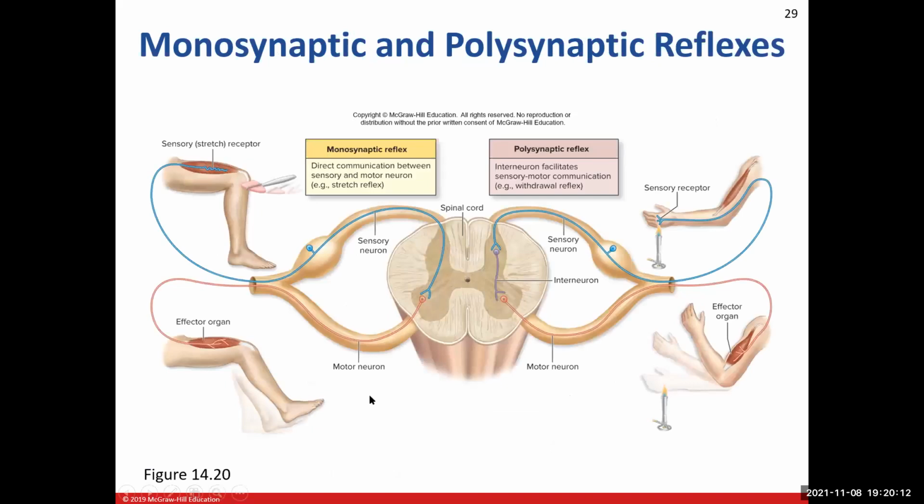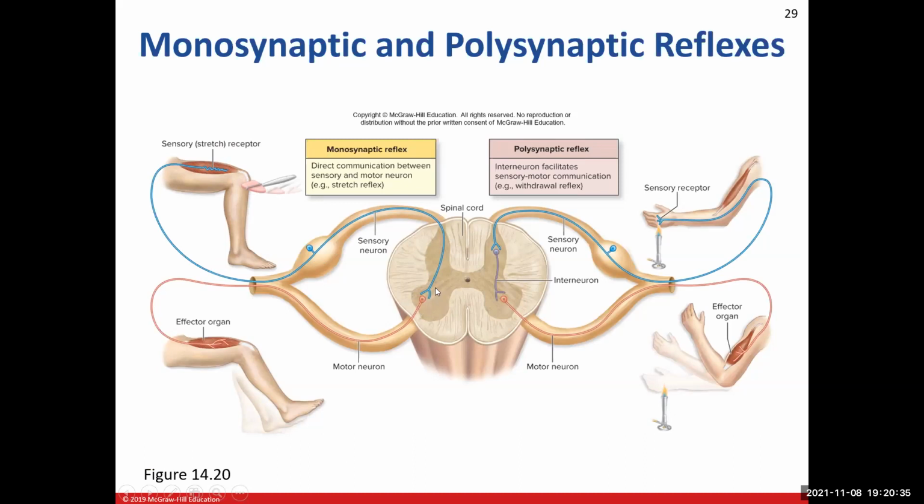All right, so here's a nice picture of our monosynaptic and our polysynaptic reflexes. So you can see here, here's our receptor, here's our sensory neuron, directly synapsing onto the motor neuron. One synapse, which means these reflexes are quicker. Because think about everything that happens at a synapse.